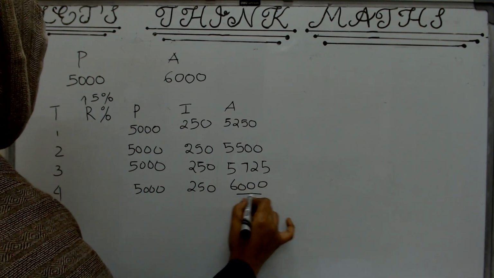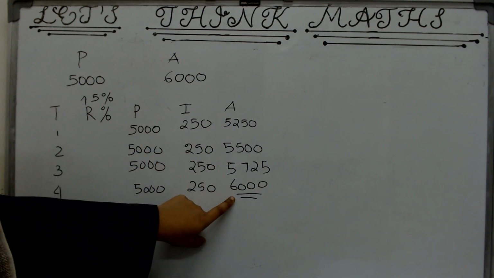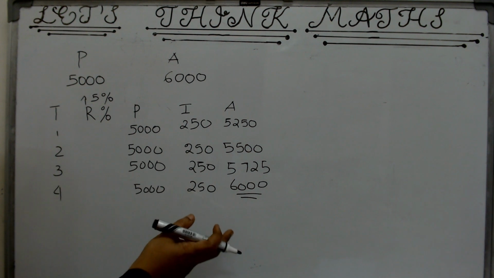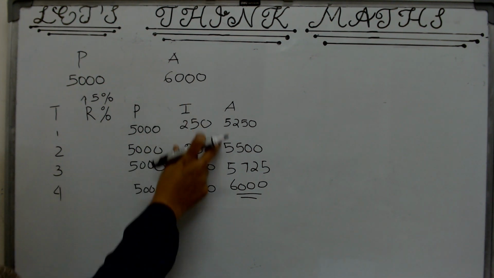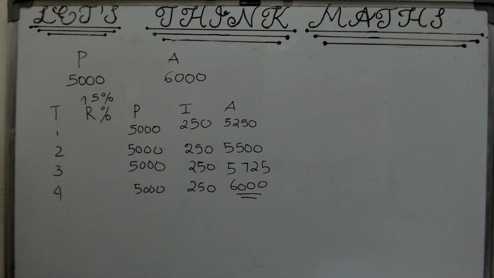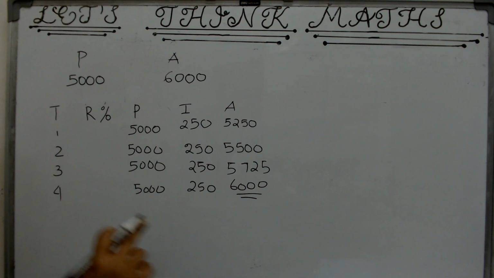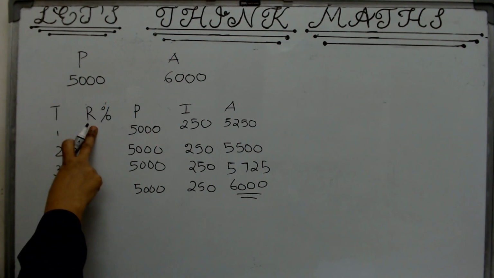So you see what has happened here? You started with 5,000, but you ended with 6,000. Where is that 1,000 rupees from? That difference is called the interest. That is called the simple interest. And the simple interest depends on three quantities. It depends on the time period that you have put your money. It depends on the rate.